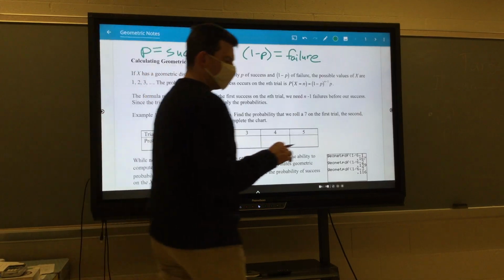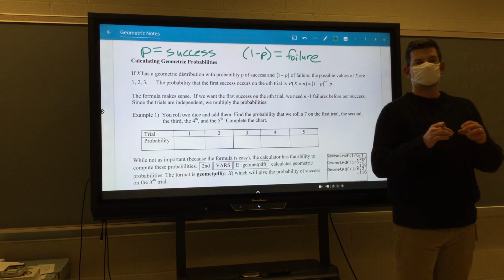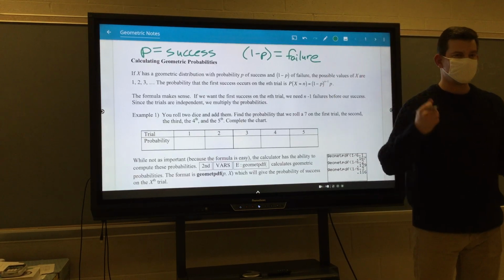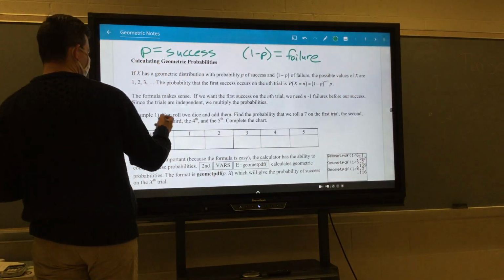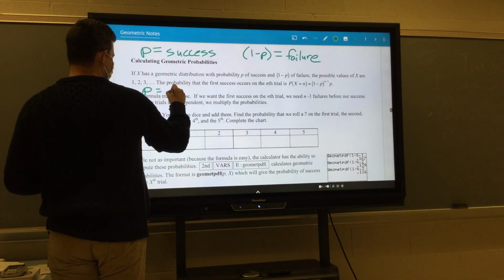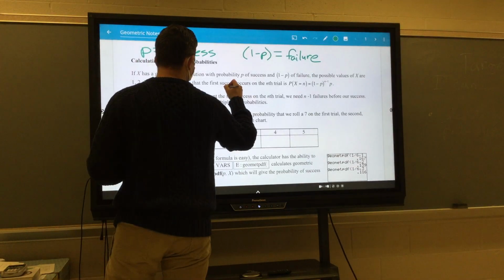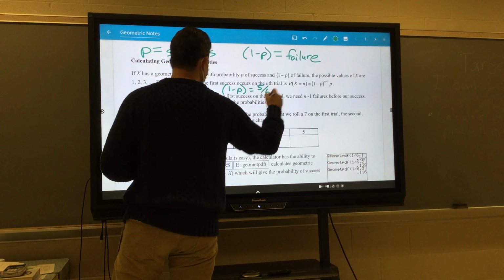Now, if you recall, on that chart, a sum of 7 was the most common outcome. It was along that main diagonal. It was 6 of the 36 possibilities. So we are going to say that p is equal to 1/6. Our probability of failure, 1 minus p, is 5/6.